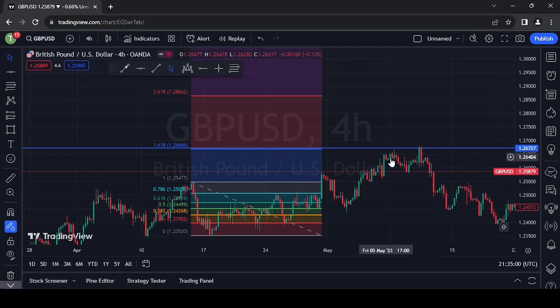Price came above the 161.8%. So that's just what I intend to show you. Price dropped, pullback, drop, pullback, then broke this structure. It broke this. This was the previous high.